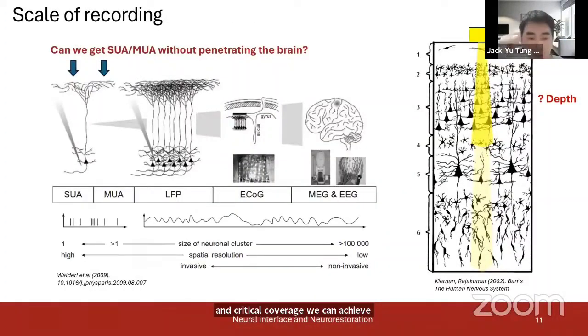One question to consider is, without having to penetrate the cortex, is it actually possible to record single-unit activity just from the cortical surface? In other words, how far can spike-level signals travel to reach the recording electrodes on the brain surface?